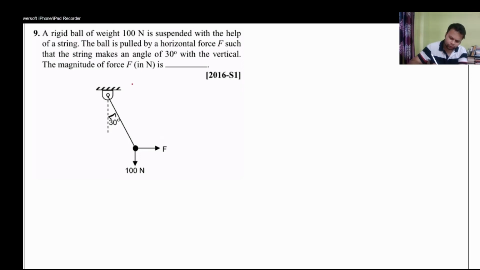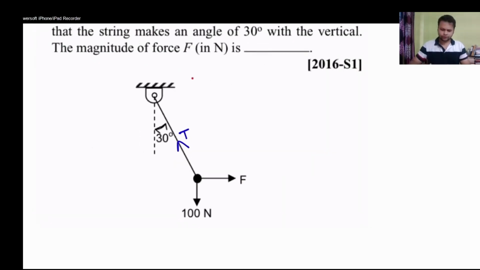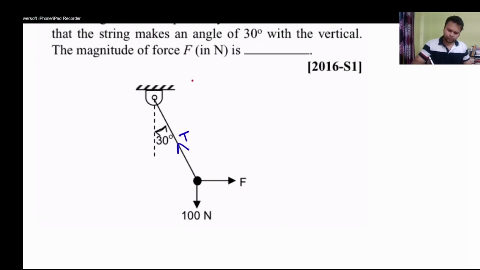Let me assume that the tension in the string is T, right? This angle is 30 degree, right?